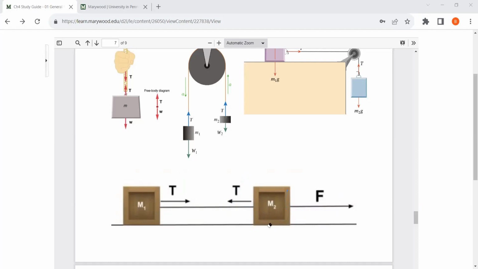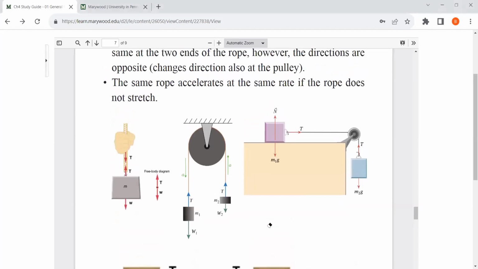Now how about the other one here? We already see the tension will be here. For this one the tension will be this one, because this is opposite to the applied force, the gravitational force. Now if the pulley is frictionless and massless and the rope is massless, the other end of the rope is this one. So here we should have the tension force of equal magnitude.